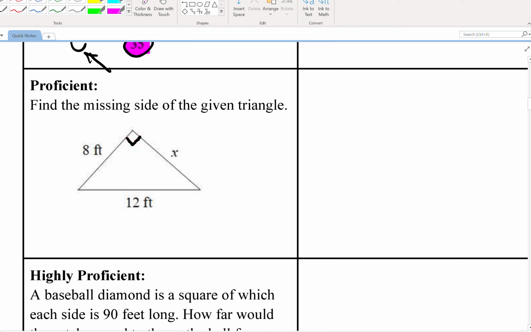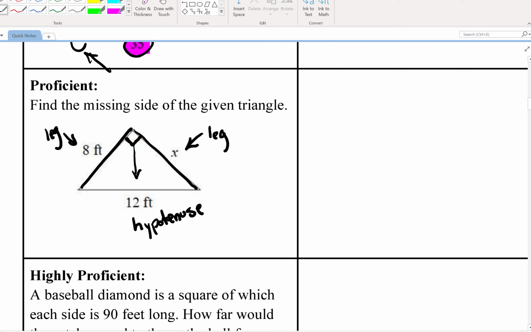It is also important we know which of the different sides we have. This symbol here points to the longest side, which is called the hypotenuse. And the other two are called legs. The legs are the two that make up the right angle.